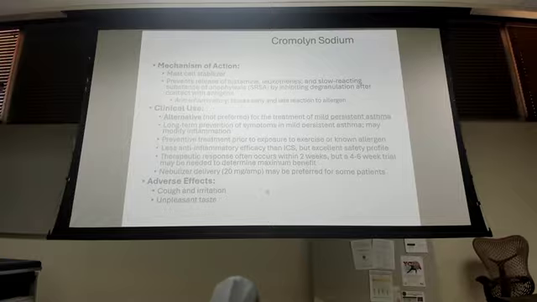Your cromolyn. So again, we talked about this when we talked about our allergies, but now we're looking at it in the context of our asthma. So same exact mechanism, the mast cell stabilizers, helping potentially with some of the inflammation that the patient may have, is going to be a benefit that we see here. It is an alternative.